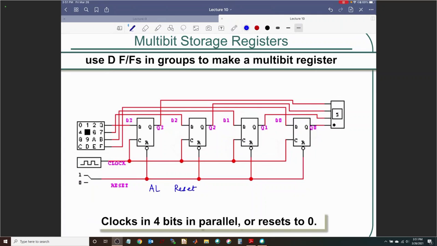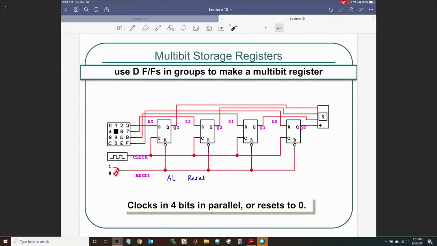There's an active low reset over here. What would happen if I make this a 0? What would happen to Q3, Q2, Q1, Q0? Those, by the way, are connected to a 7-segment display at the very end. What would happen if I make the reset signal go to 0?